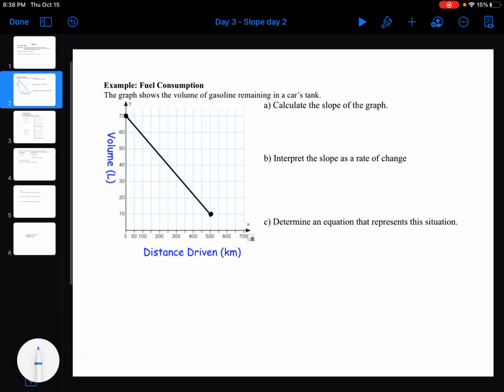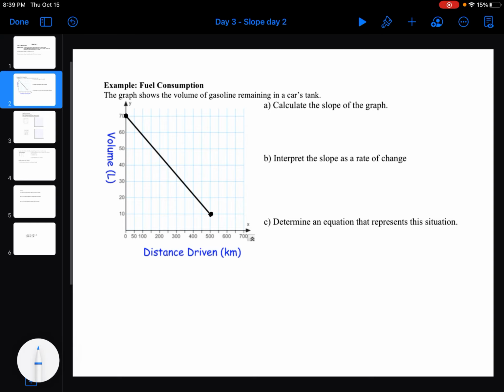If the following graph is showing fuel consumption, so we're looking at the volume of gasoline left in a car's tank. Now, it actually makes sense because we start with a full tank and then we're going down towards empty. So it says calculate the slope of this graph.